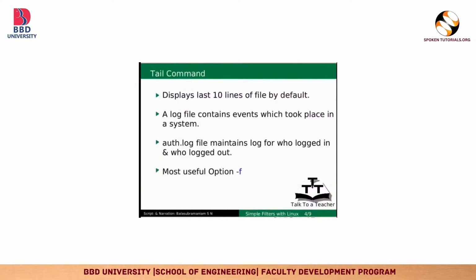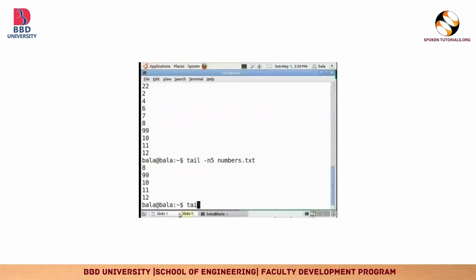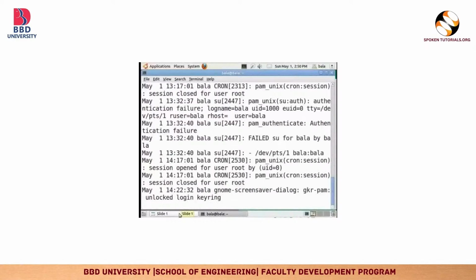If a new line is appended to the log file, the tail command will take that as the last line and display 10 lines by default above it. Go to the terminal, tail -f /var/log/auth.log. Let me resize this terminal.